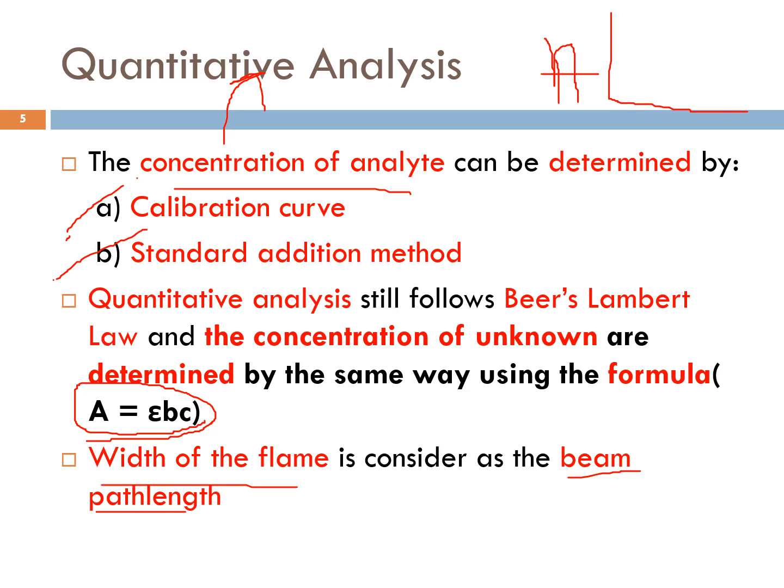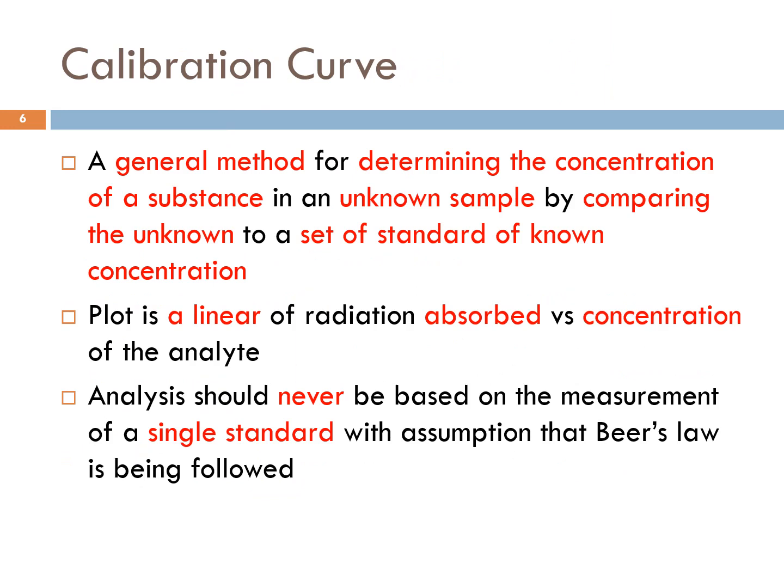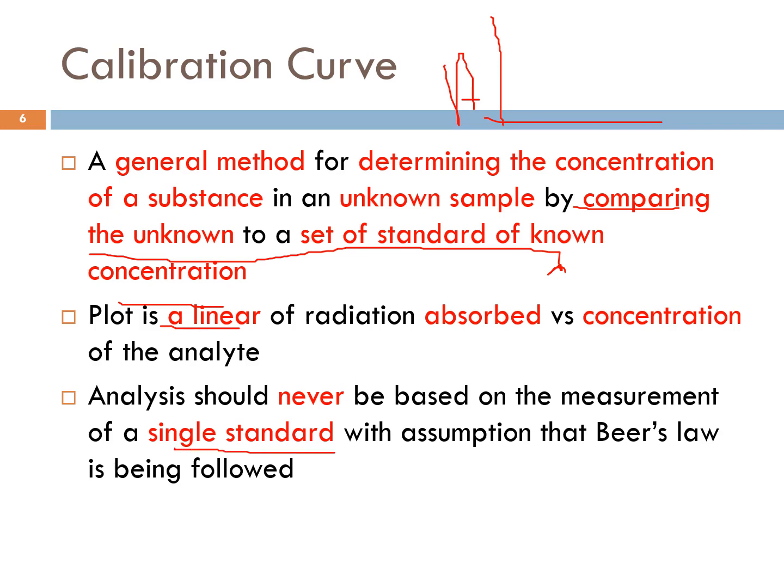Okay, for calibration curve, teknik ni adalah compare the unknown to a set of standard of known concentration. Dia akan form a linear plot between absorbance versus the concentration of the analyte lah. Okay, so kita tak boleh guna single standard, dia kena ada a set of standard.